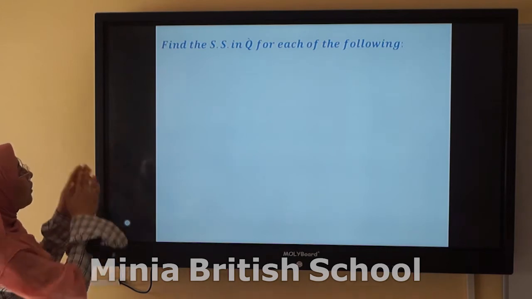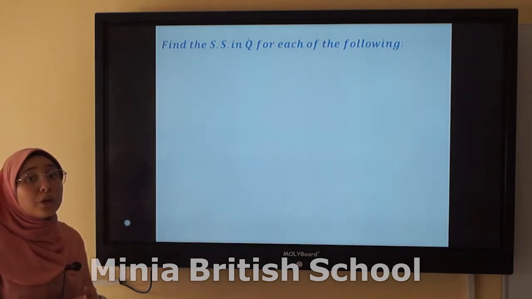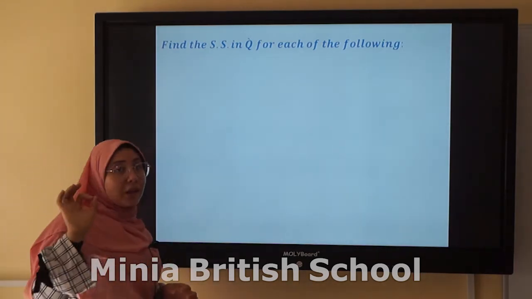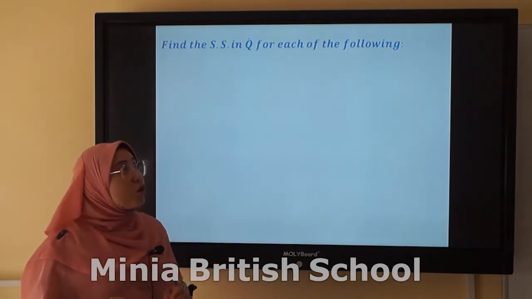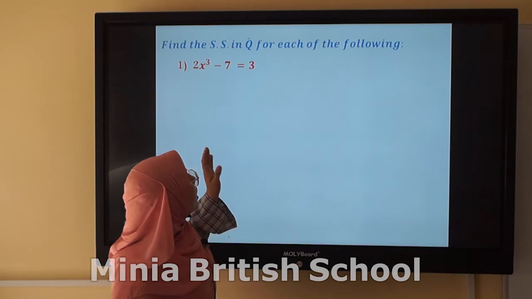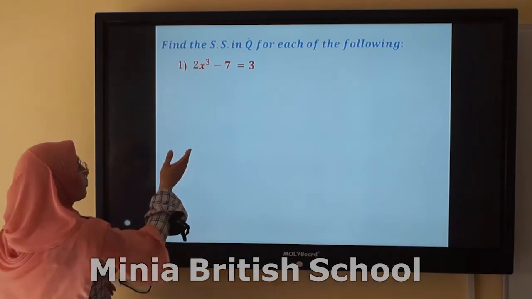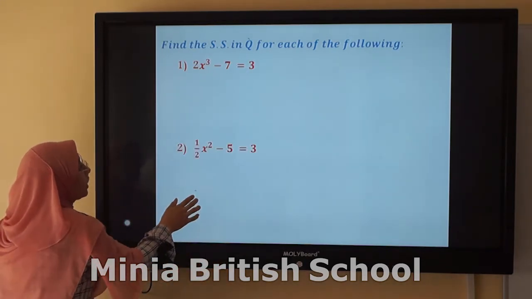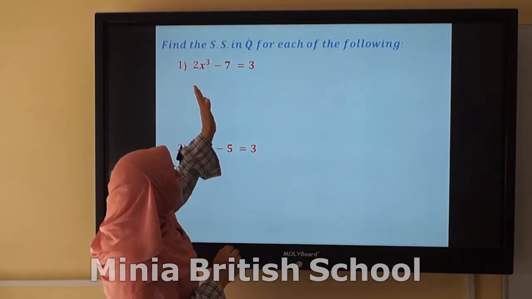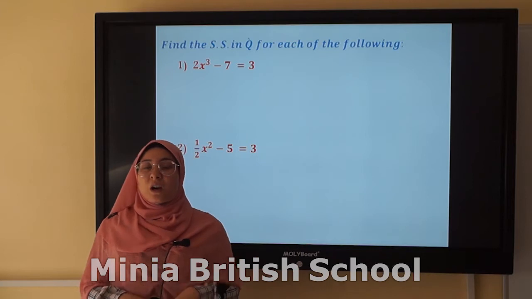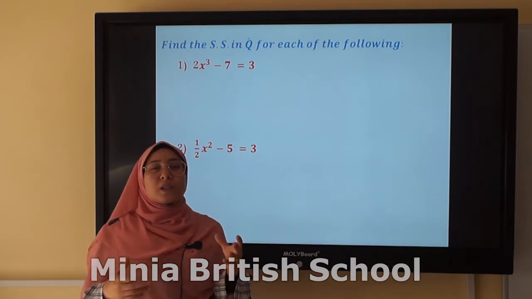Now, find the solution set in Q dash. Take care here. Solution set in Q dash for each of the following. The first equation here, 2x power 3 negative 7 equals 3. I need now to solve this equation.